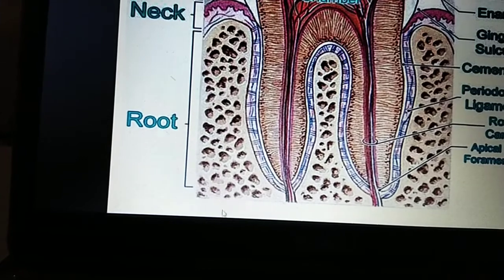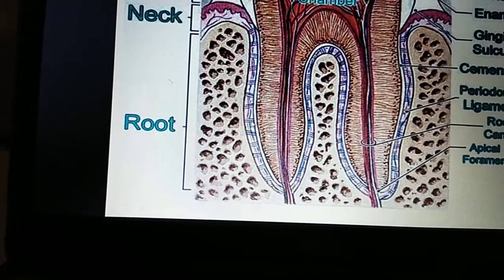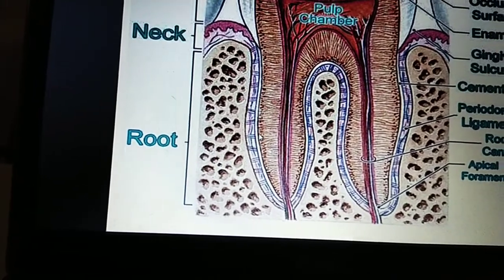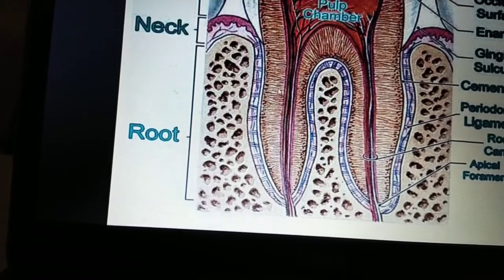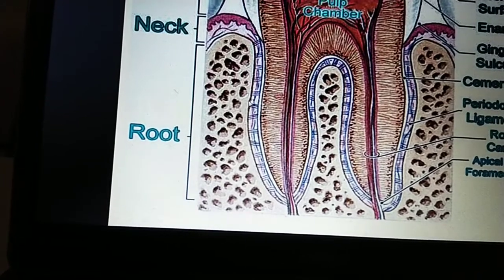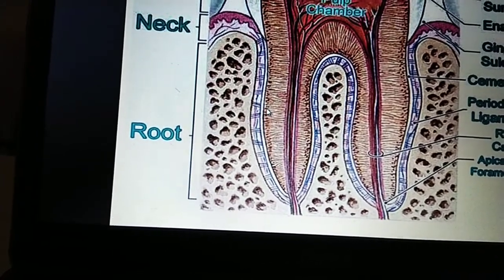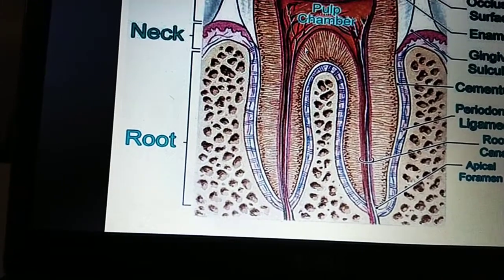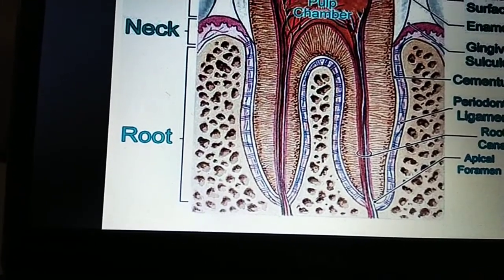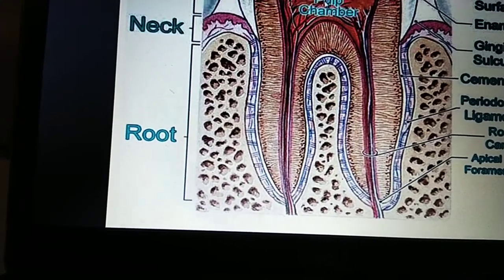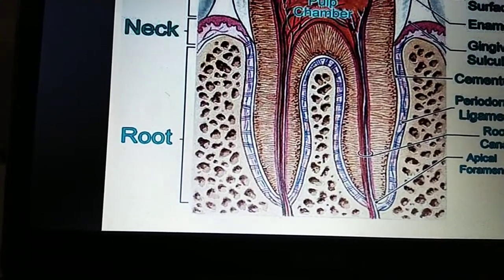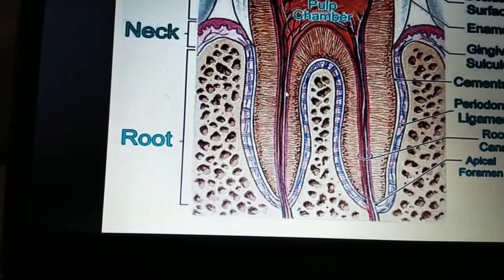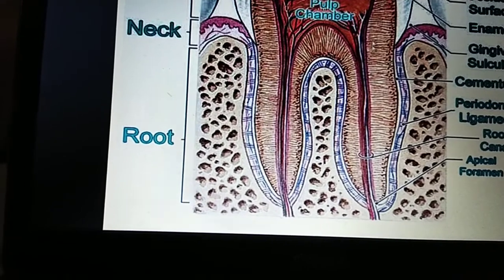It is not as hard as enamel, and it makes up the major portion of the tooth. Dentin is the substance between the enamel or cementum and the pulp chamber. This is the dentin.